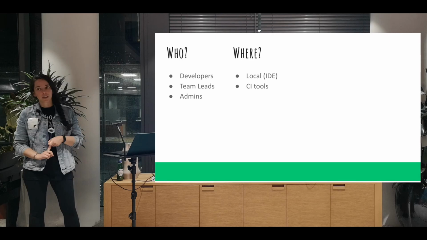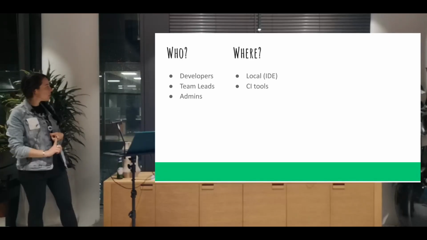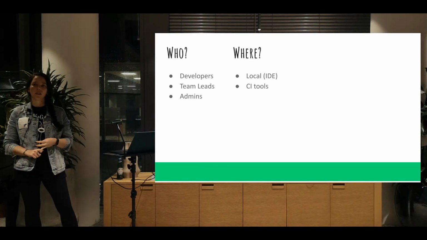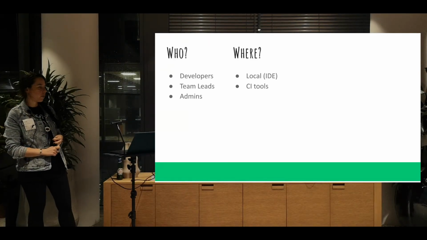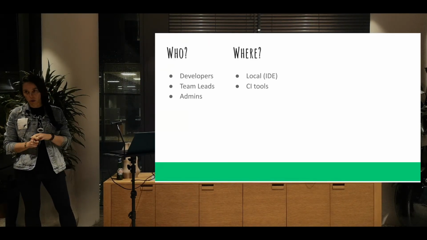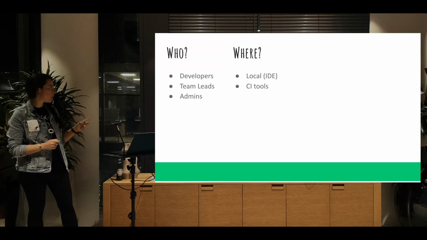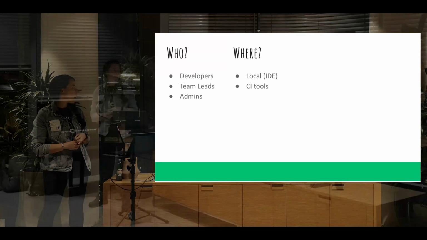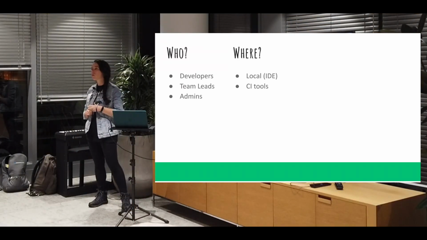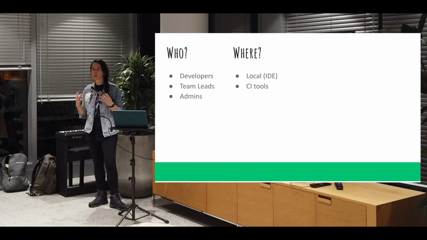Who? Developers, obviously, use it. Team leads can use it, and admins can use it. I don't know if you are aware, but admins are also, and I'll show you in a bit, able to use it because PMD, the way it's running, can also review the metadata. So it can review your XML files.